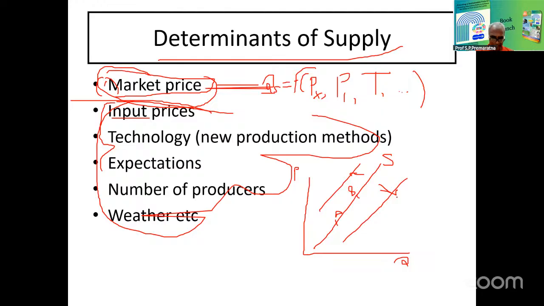Now expectations also matter. Let's say the political situation may change in the next few months. That kind of expectation affects different industries, and it affects supply too. It changes the supply. That's the future expectation.